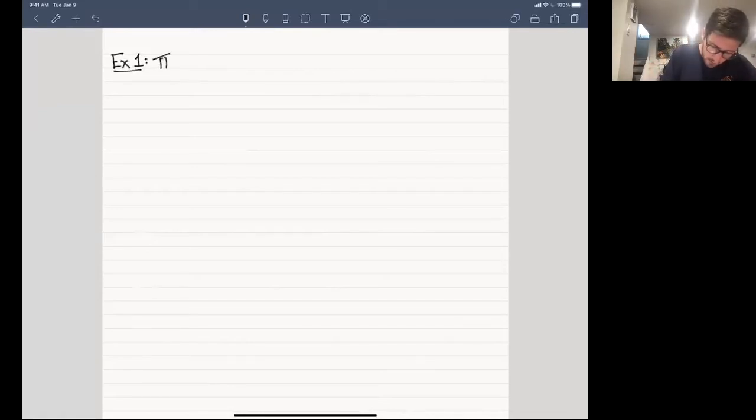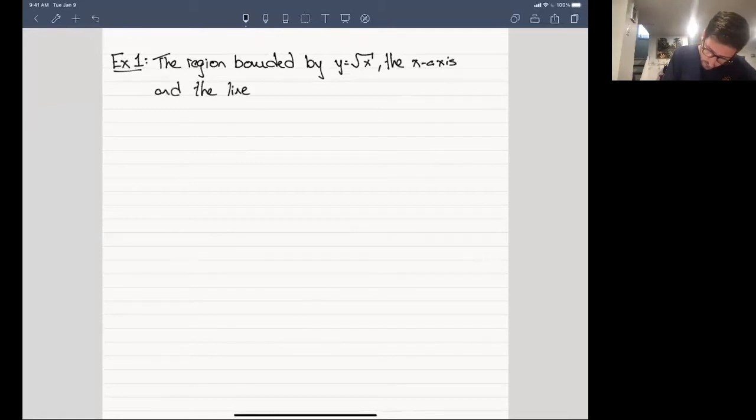So let's say the region bounded by the square root function, the x-axis, and the line x equal to 4 is revolved around the y-axis to generate a solid.